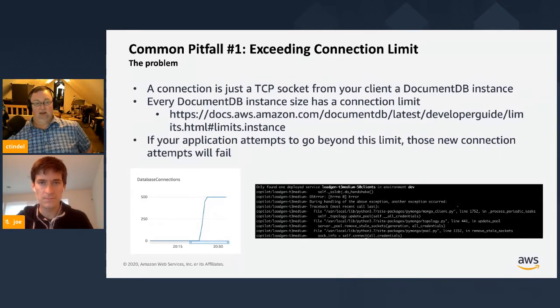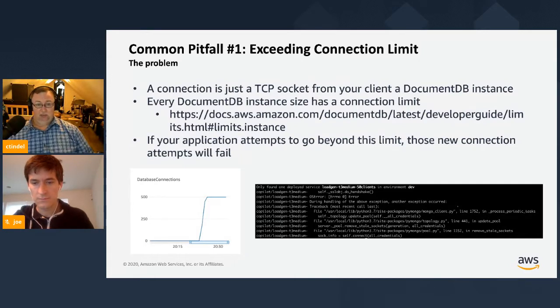He said that the most common problem right now is customers exceeding their connection limit. Now, to simplify things, a connection in DocumentDB is really just a TCP socket from your DocumentDB client to a DocumentDB instance that you can send queries and data across.